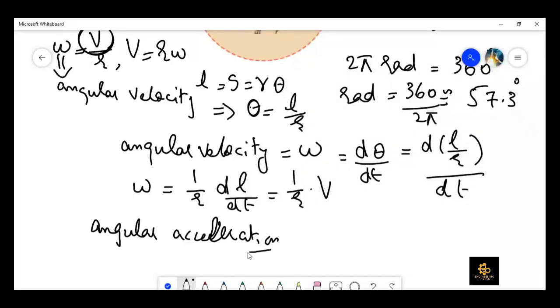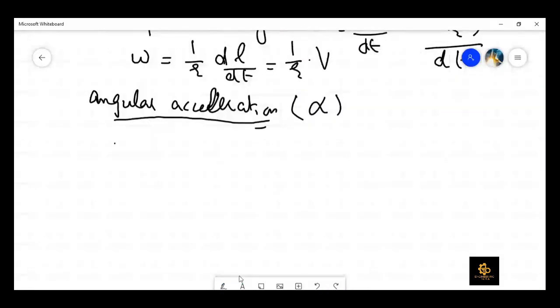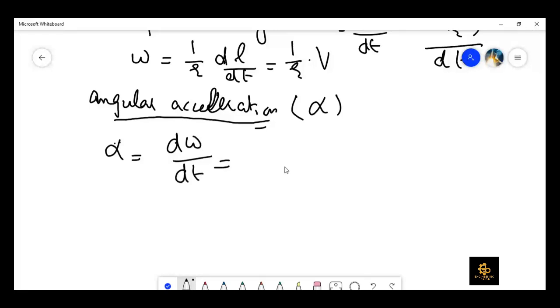And in the book, they have defined it with alpha. So alpha is the rate of change of angular velocity. So then again, if we try to find its relation, alpha would be equal to d omega by dt.